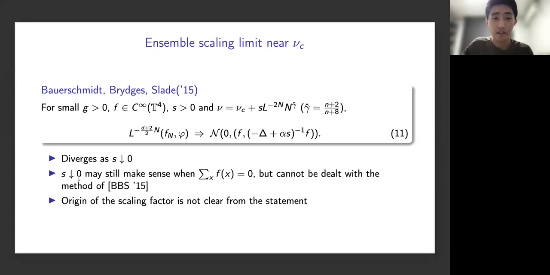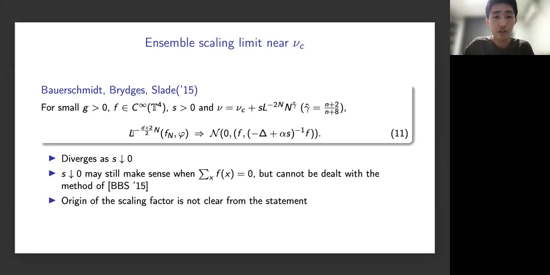However, this limit can still make sense when this function f has average 0, but it cannot be dealt with by the method of BBS. And finally, I said that the scaling factor changes when we're near the critical points. However, from this statement, the origin of the scaling factor is not so clear.